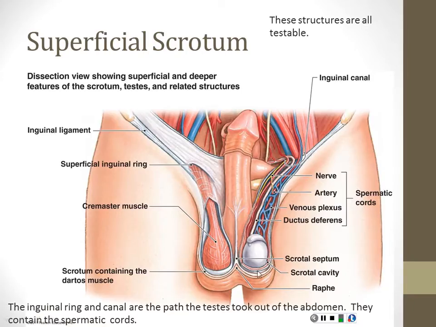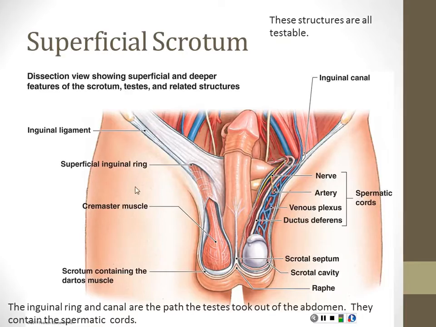And this is all of the connections of the testis to the rest of the circulatory, nervous, and reproductive systems. Because the testis started up here and then moved down, all of its connections had to go with it in order for it to stay attached to the body and functional.